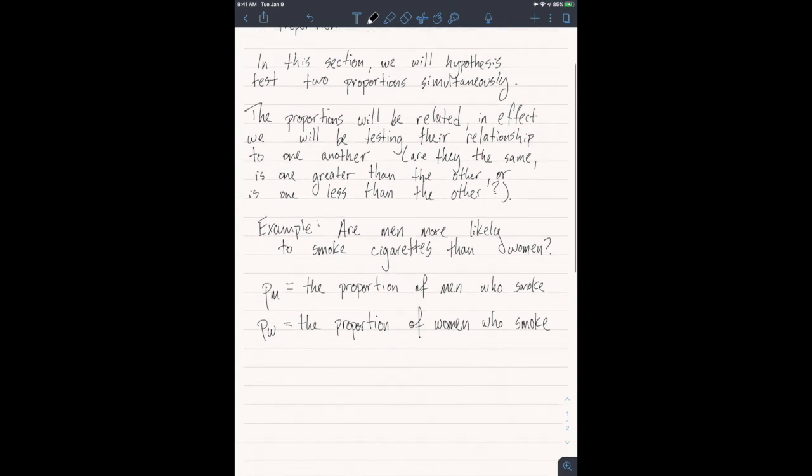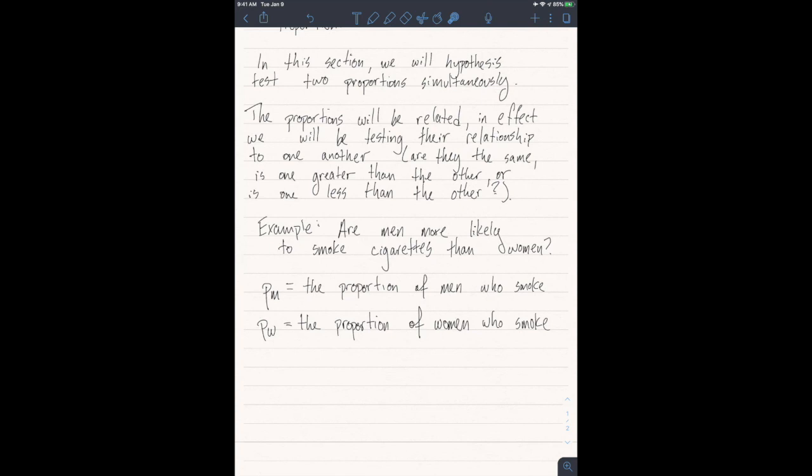Right? So in the last section, well, actually, I should say in chapter 10, we only really were interested in one proportion that we don't know the true value of, right? At a time. So like the proportion of people who smoke, period. And we are curious what that is, and we test to see if there's, I think there was a claim made, and we test to see if that claim was accurate. We could also construct confidence intervals and stuff.